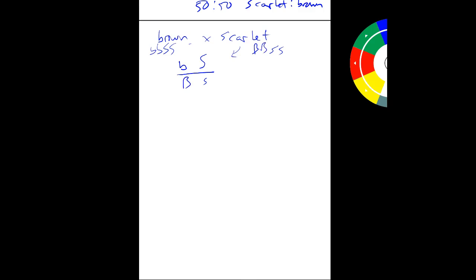So, in every cross, that'll be our parental. And these will be our recombinants.